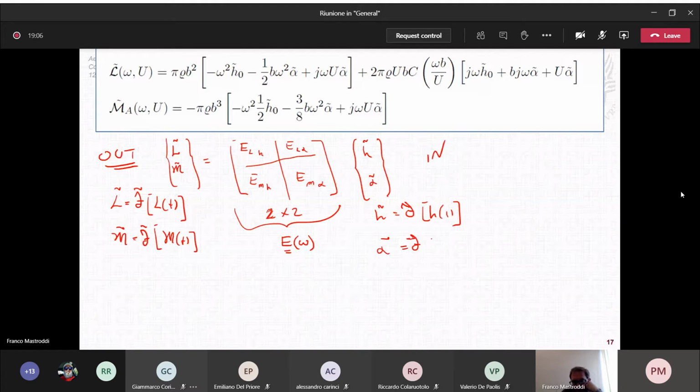Now, what is the meaning of this complex function here? If you want to collect this term, you have to find all the coefficients multiplying H. And here you have to collect all the coefficients multiplying alpha, for example, and these are this, this, and this.